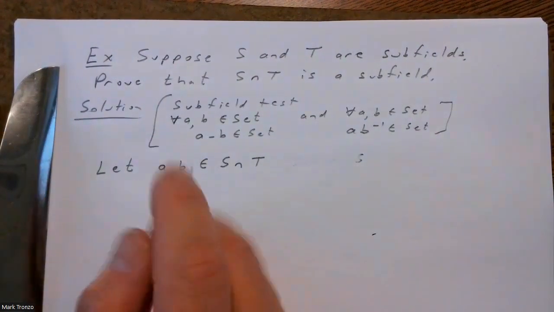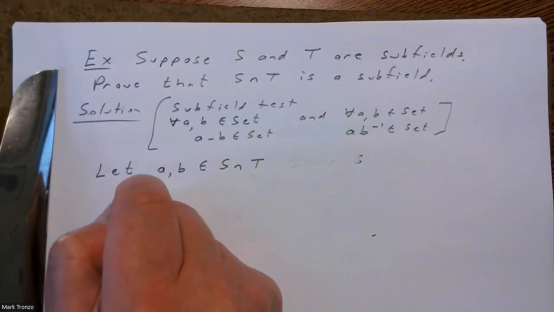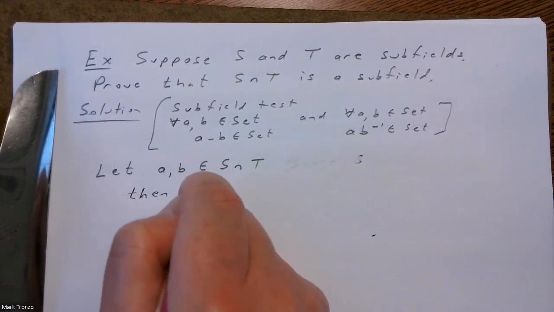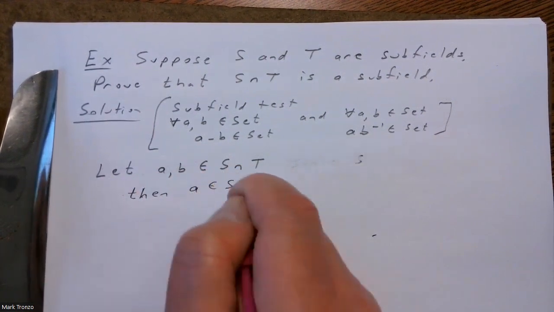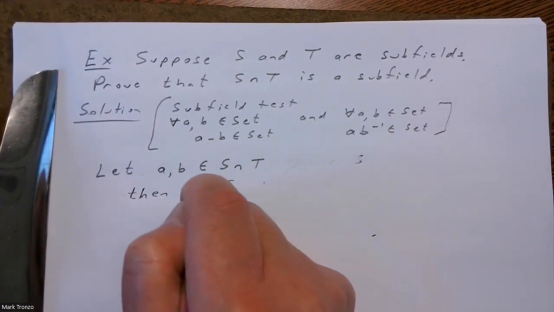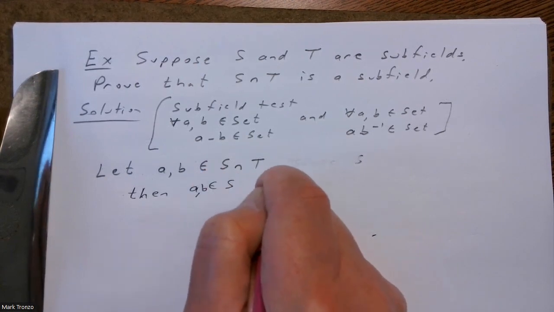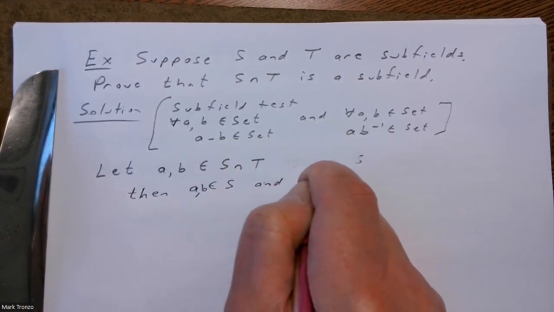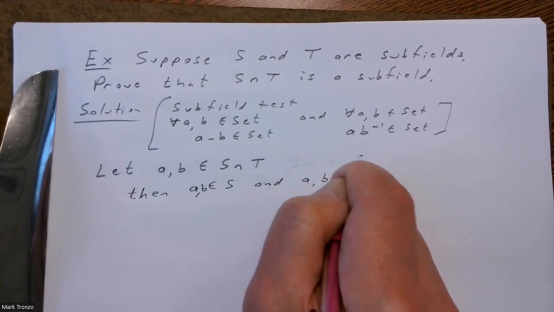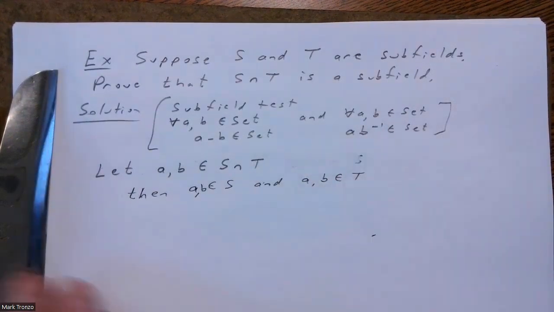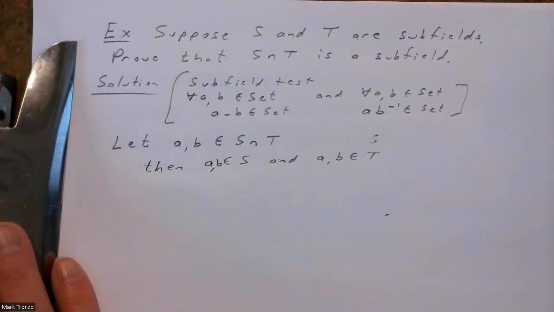So let A and B be in the intersection. Then A and B are in S, and A and B are in T by the property of the intersection.